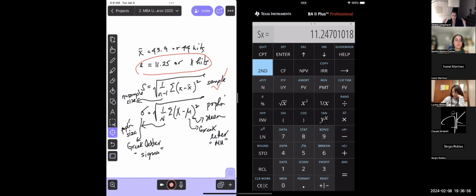We want to be sure to capture at least the majority of the values in one standard deviation. The way to ensure that is to divide by n minus 1, not n. When you divide by a smaller number, the overall number becomes bigger. So S will always be a little bit bigger to do that spread. But the formula for S comes from the formula for the population standard deviation.